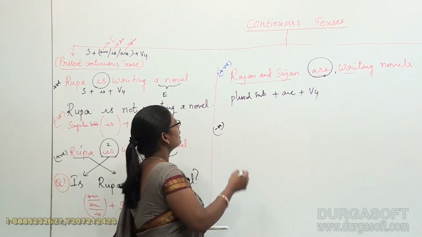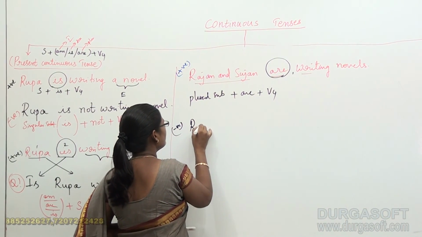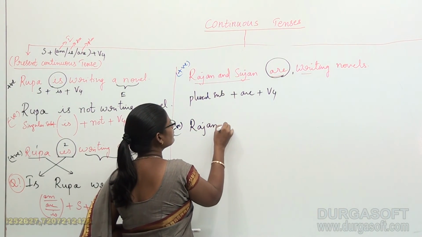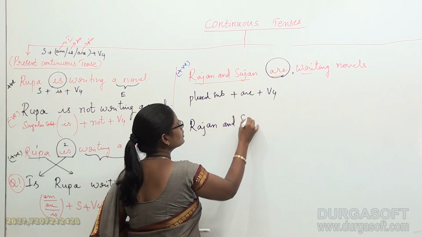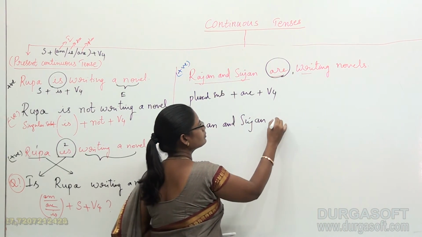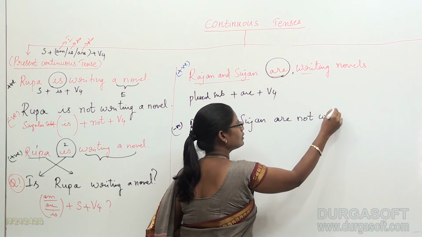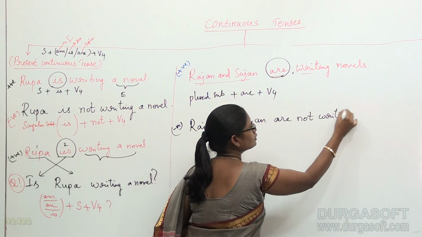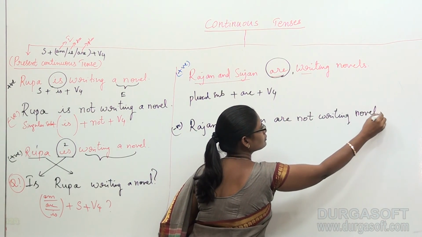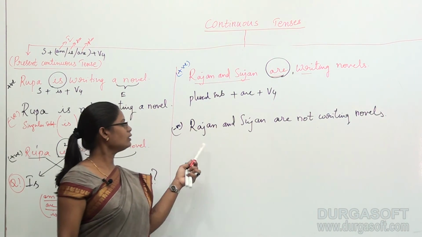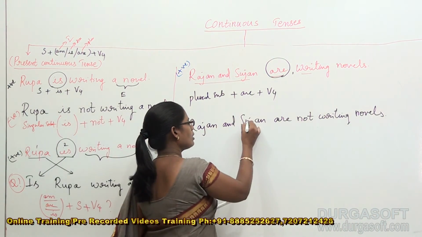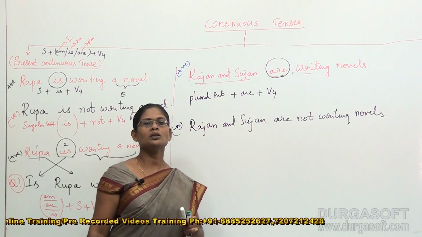So let's deal with the negative sentence once again. Here, Rajan and Sujan are not writing novels. Rajan and Sujan are not writing novels.